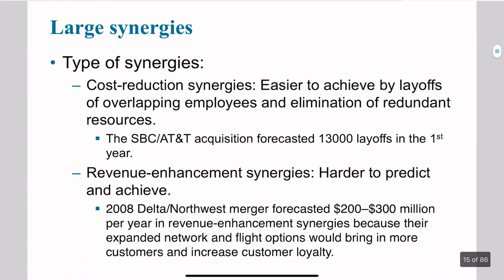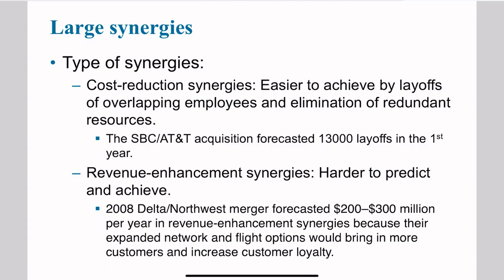Now, there are two types of synergies. The first is cost reduction synergies. Just by the name, you can guess that it's about reducing cost. So most likely there will be layoffs.